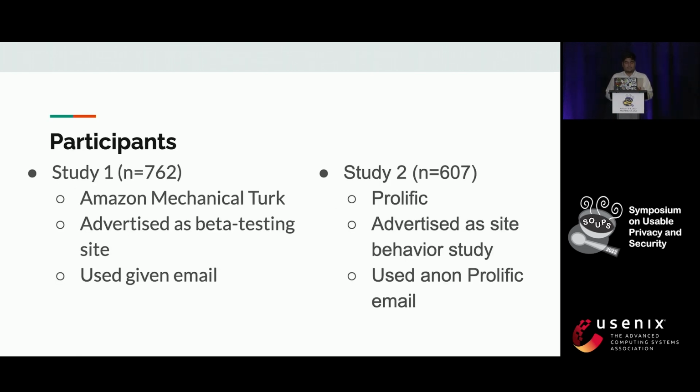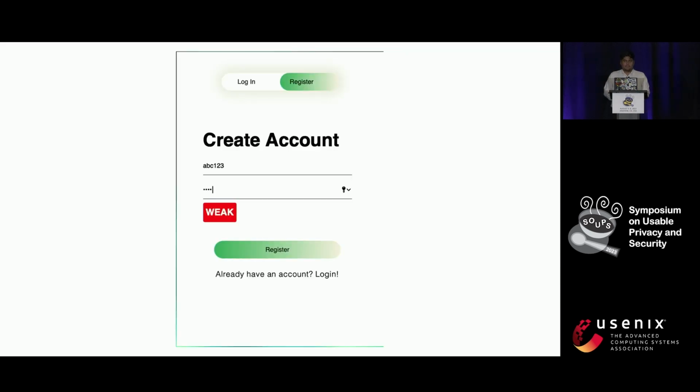So we did 2 user studies. For our first study, we gathered participants from Amazon Mechanical Turk, and for our second study, we gathered participants from Prolific. Participants created an account for an aggregated news site that we created.